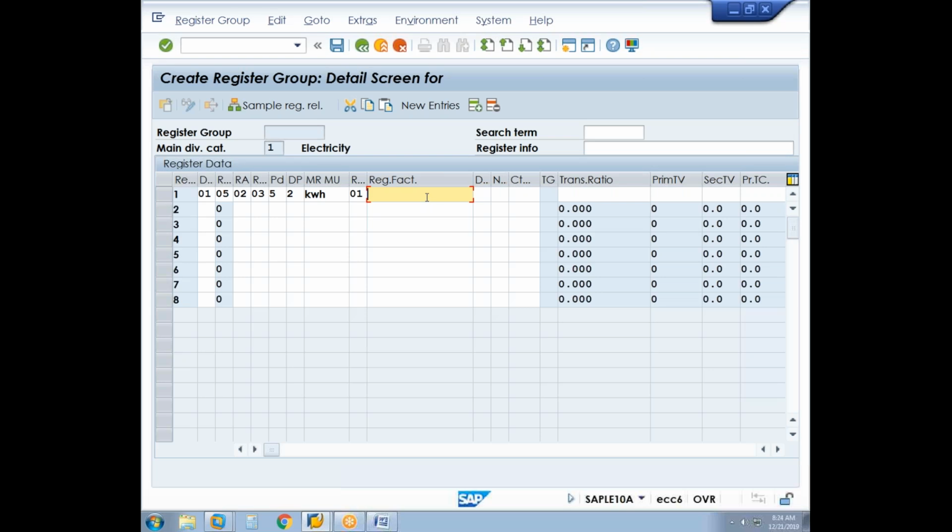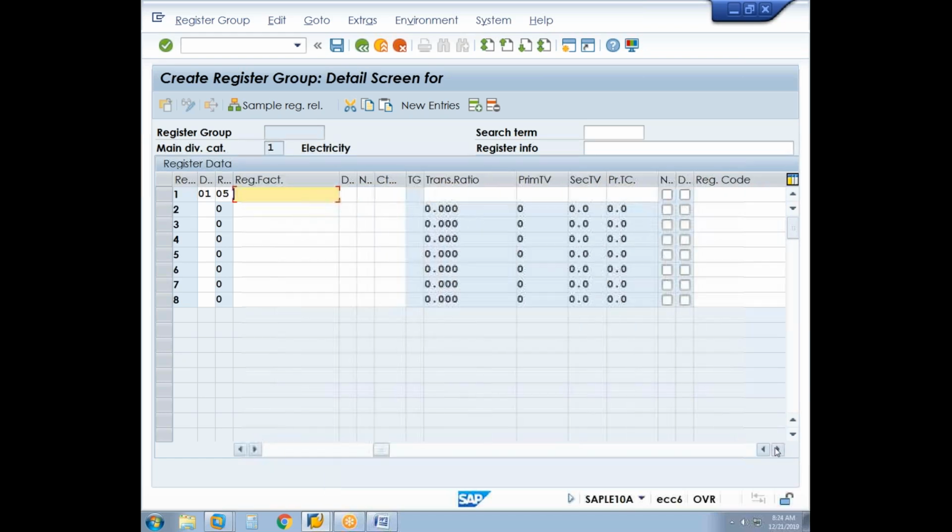In earlier days, it used to indicate a factor you have to multiply because of the type of components in the meter. It is a mechanical kind of equipment which has pulleys and wheels, so mechanical efficiency has to be considered. So you used to have a multiplication factor that you can give here. Rest all the fields you can leave for the time being.